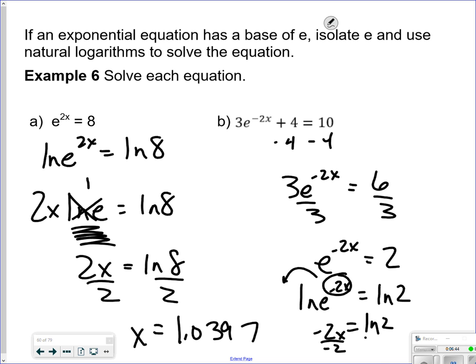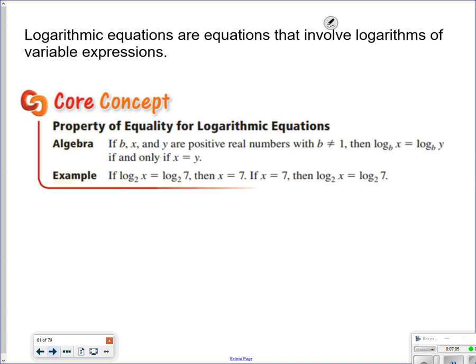So divide by negative 2, and so then natural log of 2 divided by negative 2 is negative 0.3466. Again, rounding to 4 decimal places.